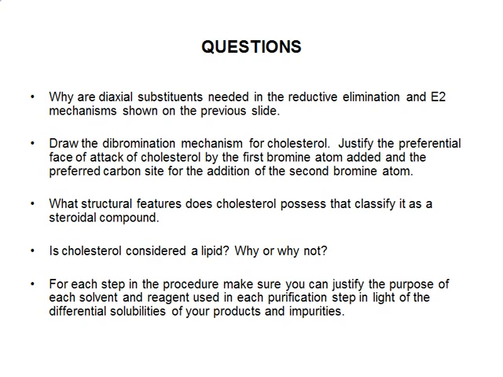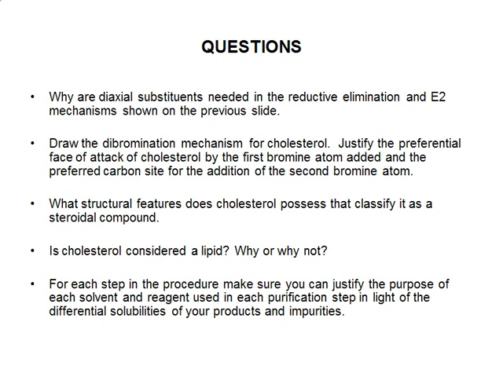So draw the dibromination mechanism for cholesterol, and this is interesting. You know how to do a dibromination of an alkene via the addition of Br2, but what you should consider is what side the first bromine is going to attack on the cholesterol molecule, which face of cholesterol will be attacked first and why.